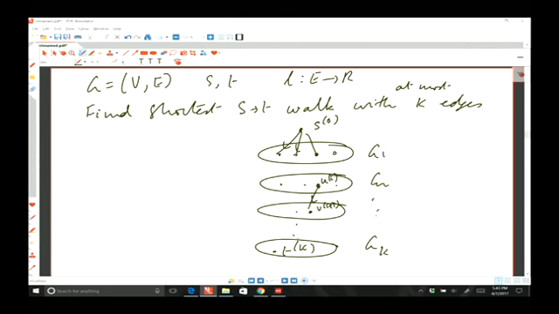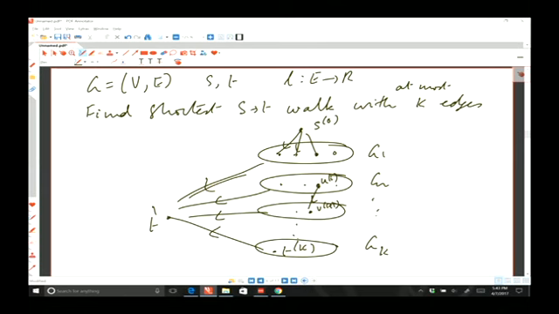If you want at most k, you should allow me to end at Tk minus 1, Tk minus 2, any of them. So you can create a new vertex T prime and connect all the copies of T to it. That will allow me to use at most k edges.